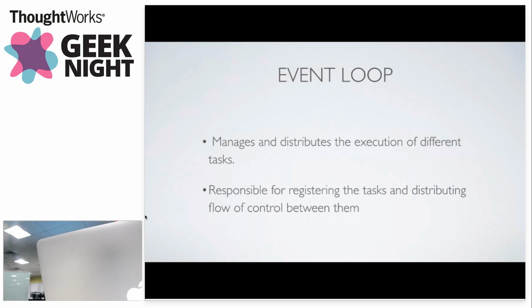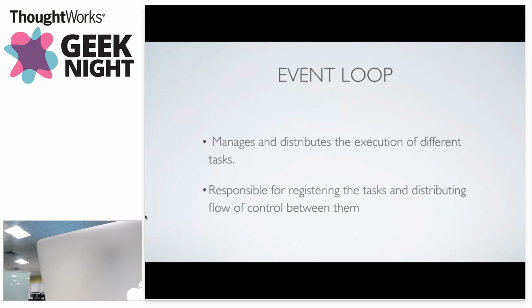So the event loop is nothing but your manager. Remember the race analogy that I gave you. There will be a race coordinator who will select the athletes and assign them tracks, right? That's more or less similar to the event loop here.